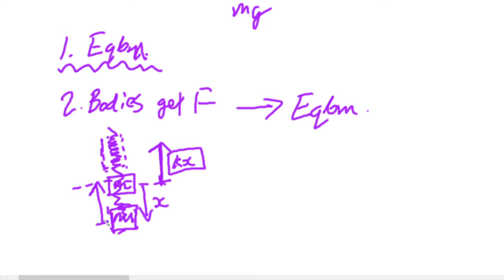And you could also look at it in the sense that when the block is above the equilibrium by x, the spring is pulling on the block with a force of kx less than the block's weight, mg. And so if the block is up here and it's x away from the equilibrium, the block experiences the same force, kx, but downwards.